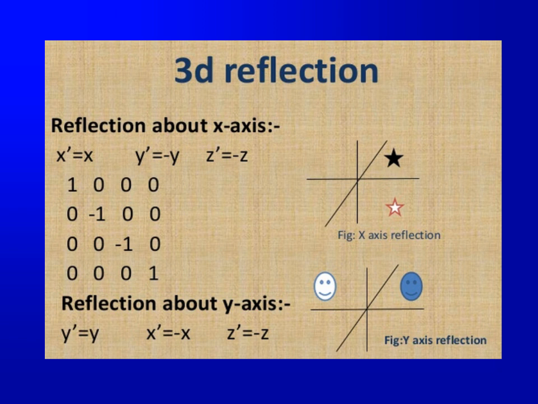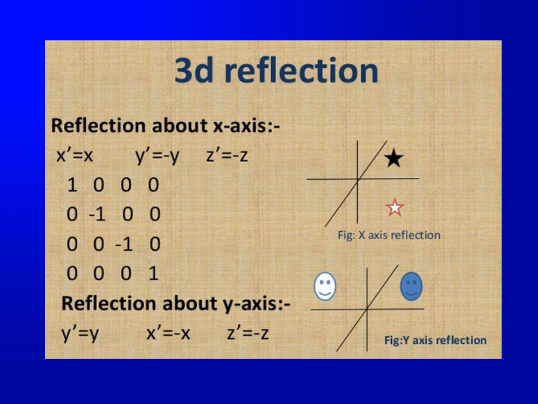So now see the 3-dimensional reflection for the x-axis. Okay, so x dash is equal to x, y dash is equal to minus y, and z dash is equal to minus z. Why? Because it is a reflection for the x-axis, right?